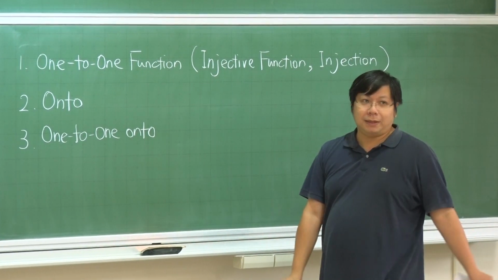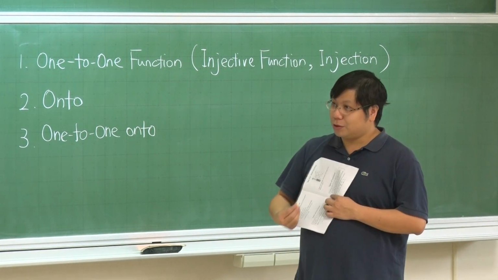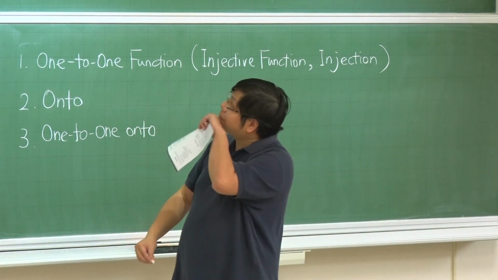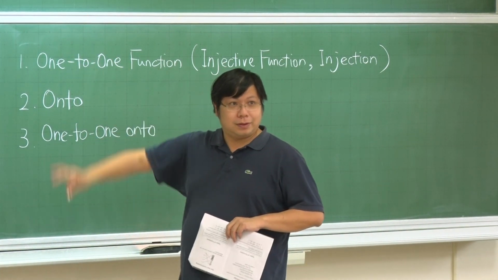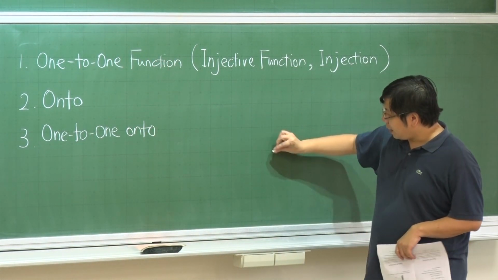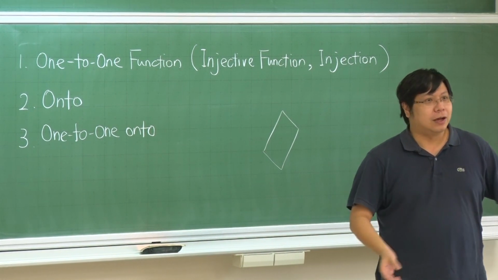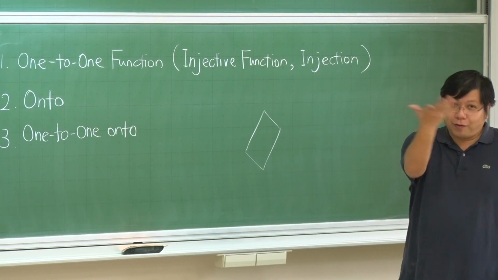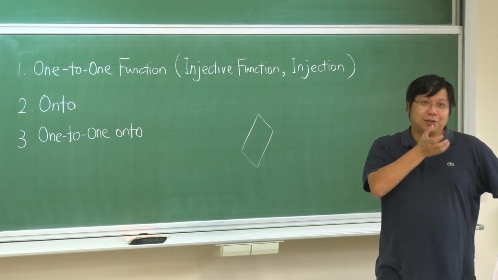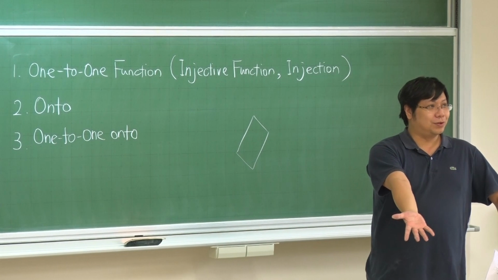Now, this is the first type of special function. The second type is called onto. So what is meant by onto? Onto is like, imagine the set on the right-hand side. The codomain is a floor, and accidentally you drink something and drop your cup.